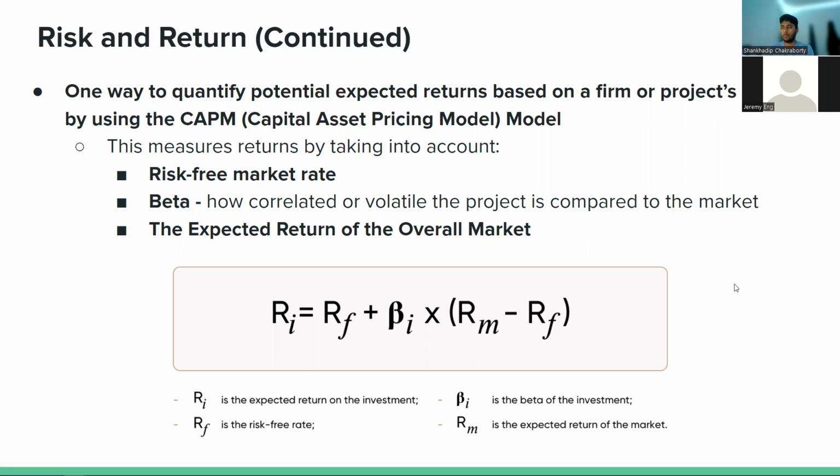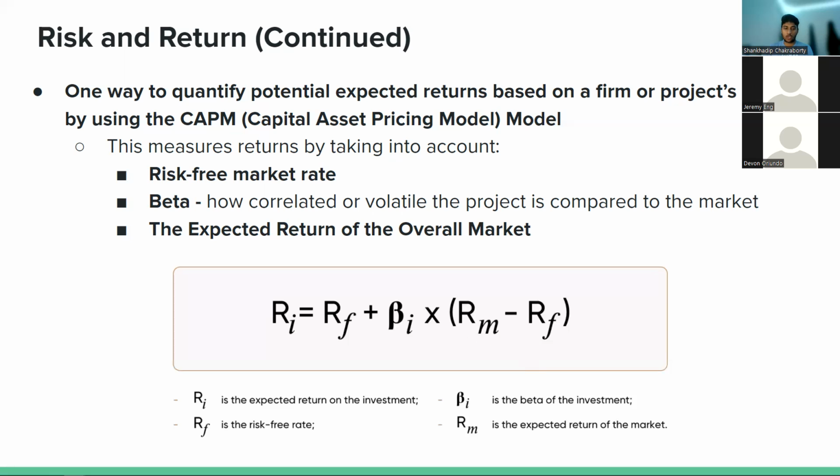And pretty much all the time, this RM is going to be higher than the RF, because for RF, you're not taking any risks, whereas for RM, you are taking risks, because the market could go down just as easily as it has gone up, because there are equities, there are bonds, there are many different players. There are external economic conditions that could affect the price of a stock or a bond, and as a result, there is risk with expected return of the market.